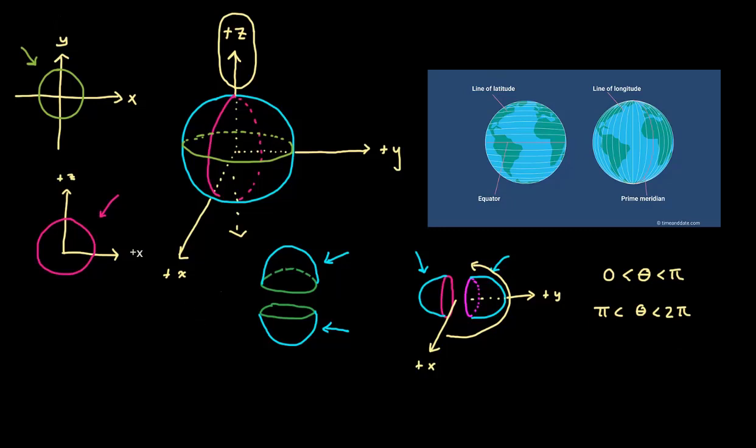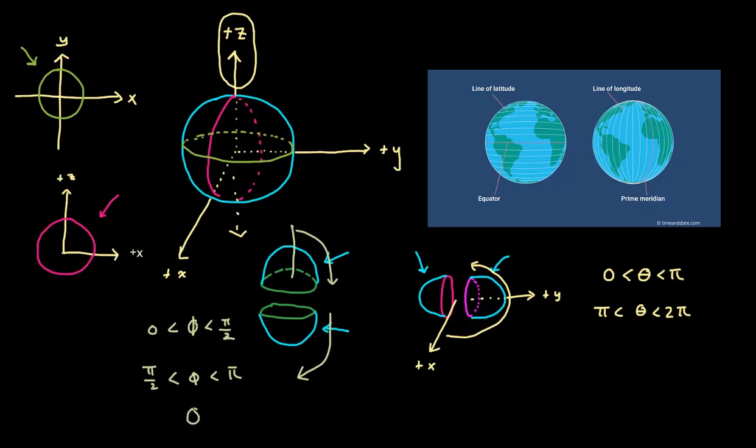In terms of phi now, the phi angle will drop to here, and so if phi is between 0 and pi over 2, well, then we're going to be in the northern hemisphere. But if phi is between pi over 2 and pi, then we're going to be in the southern hemisphere. Now, of course, if phi equals pi over 2, well, that would put us on the equator.